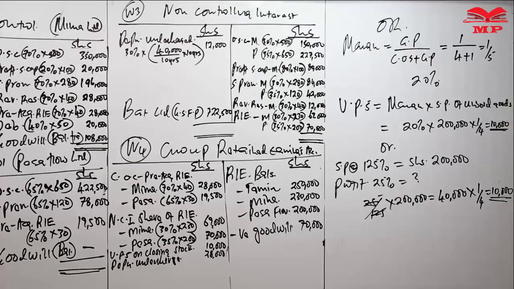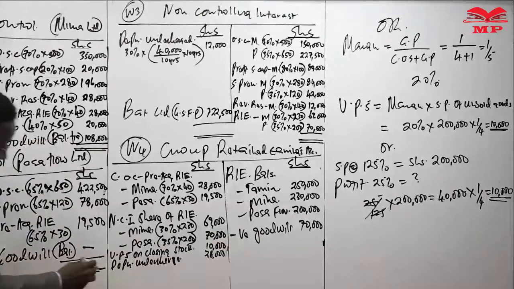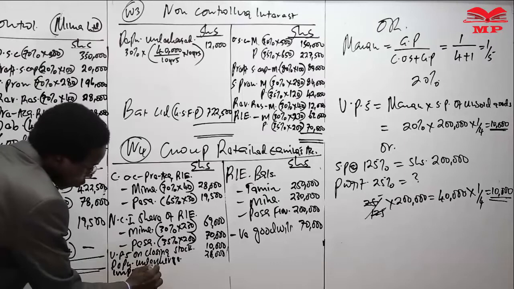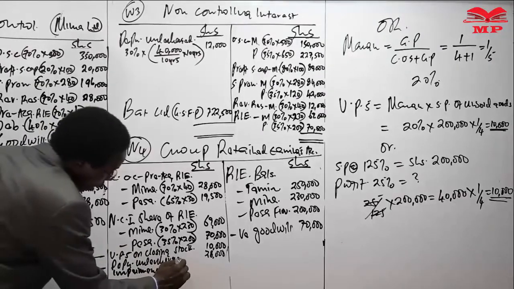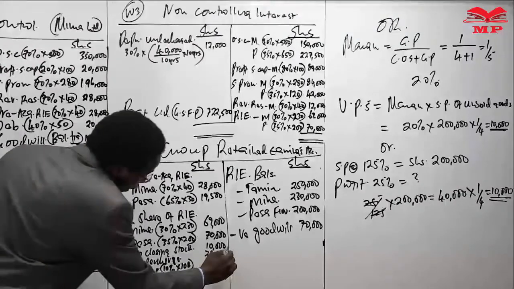Now, apart from that, we have also been told in note number 7 about the impairment. Remember, we only had one positive goodwill, which was 108. So there is impairment on goodwill, which is 10% of the 108, and that comes to 10,800. Nothing else.